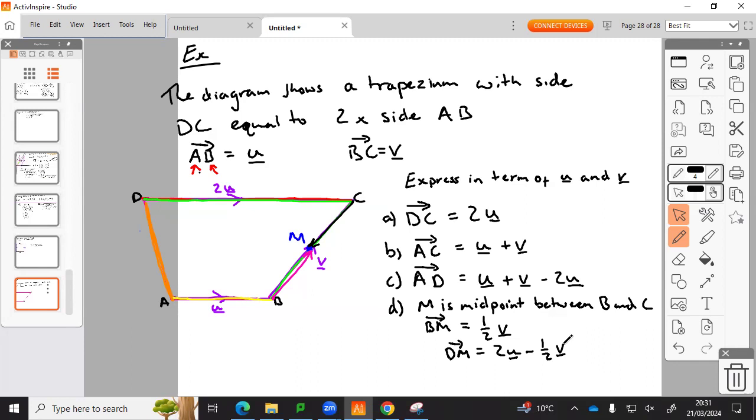You sometimes overthink these questions because in essence the theory behind it's not difficult, so your mind plays tricks on you. You think it can't be as simple for 3 marks to just do 2U minus half V. But understanding the concepts behind it explains the journey from D to M.